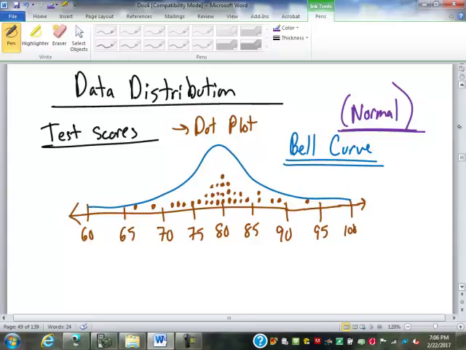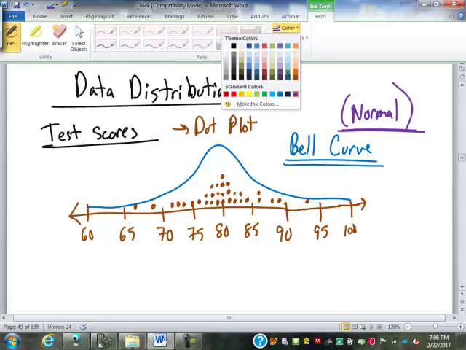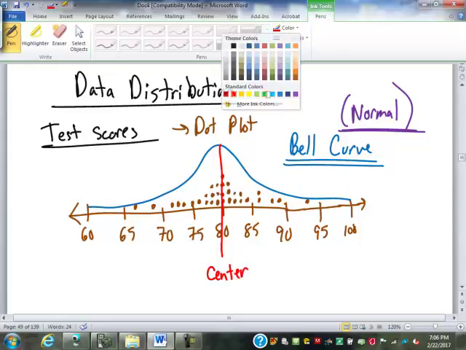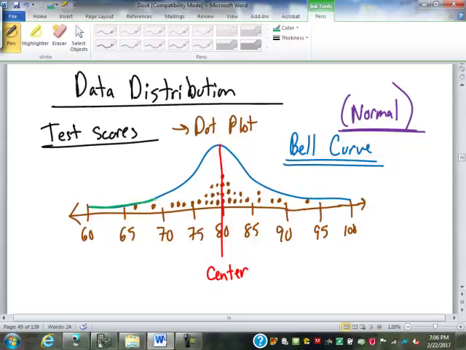So, about this curve, we need to be able to describe a couple of different things. One is the center of the curve. So we've got that curve there. Let's say we have a second curve here.